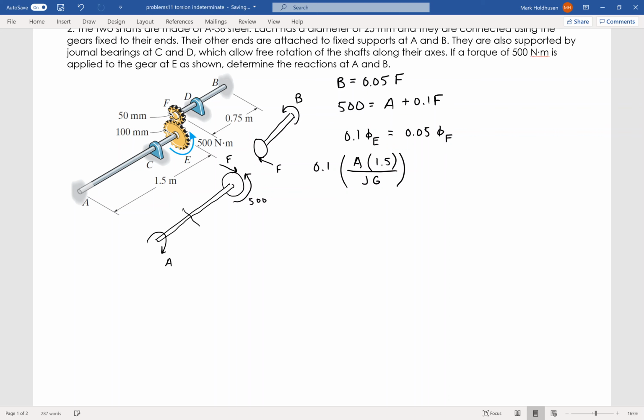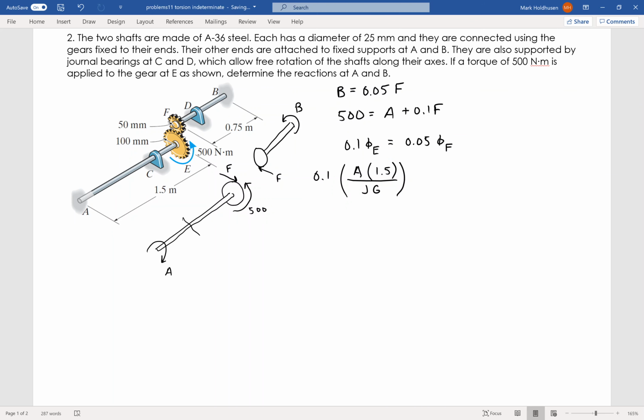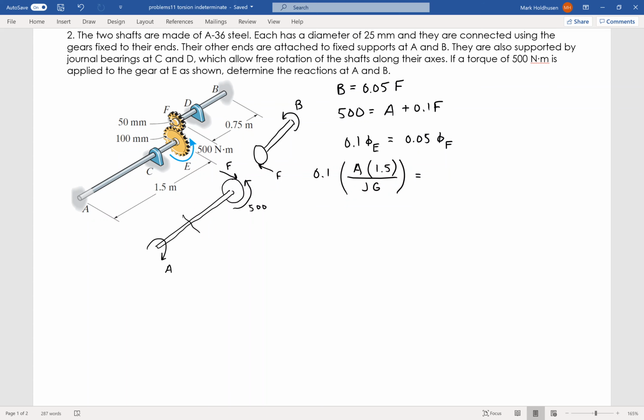Both shafts are the same material and the same radius, so J and G are equivalent. Which means the other side is 0.05 times B times its length, which is 0.75, divided by the same JG, again because it's the same radius and the same material. So these JGs will cancel.